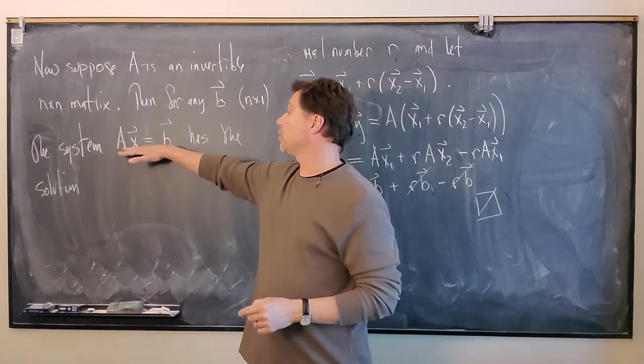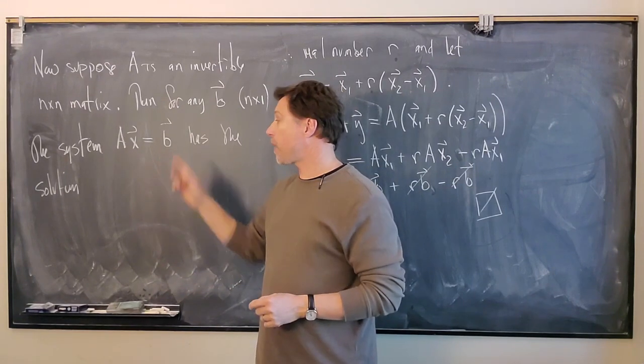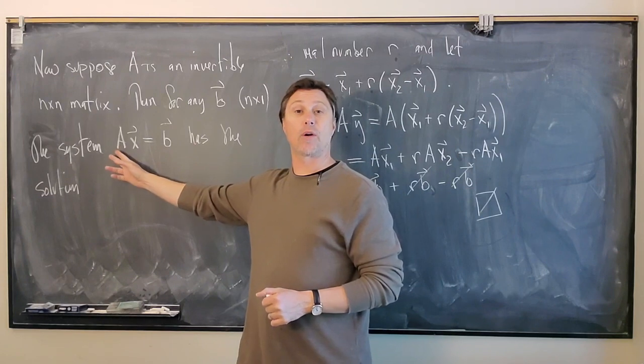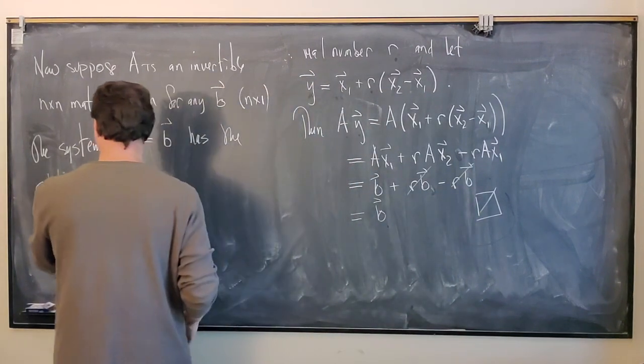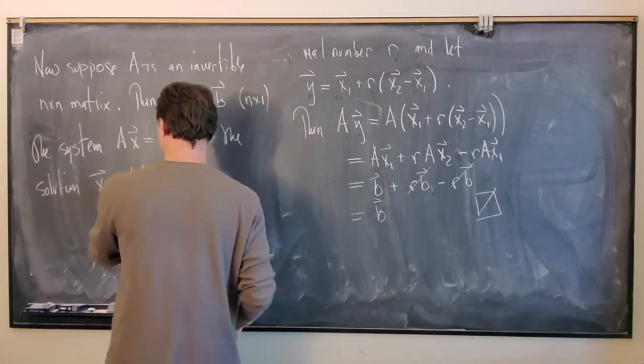Well, to find the solution, multiply both sides of this equation right here by A inverse. If I multiply on the left by A inverse, I will get the identity times x. Well, that's just x. And so what we'll get is x equals, we saw this last time, right?